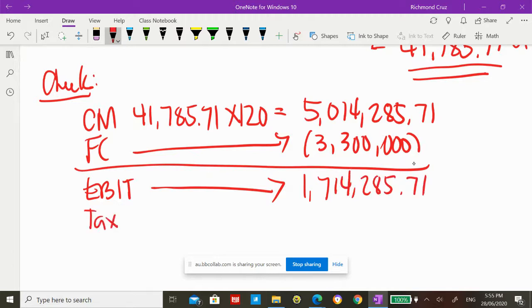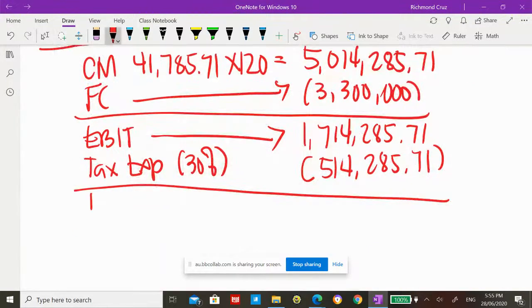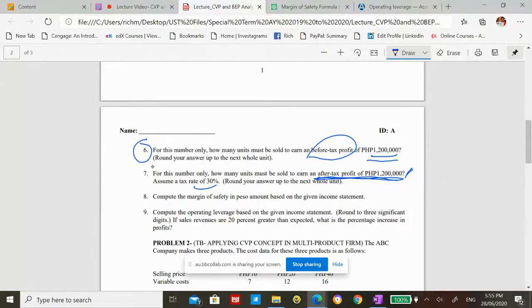Then I have a tax expense of 30%, so I multiply by 0.3, which is 514,285.71. This becomes my net income, which is my after-tax profit. So 1,714,285.71 minus that is 1,200,000, which is my target after-tax income from problem number 7.